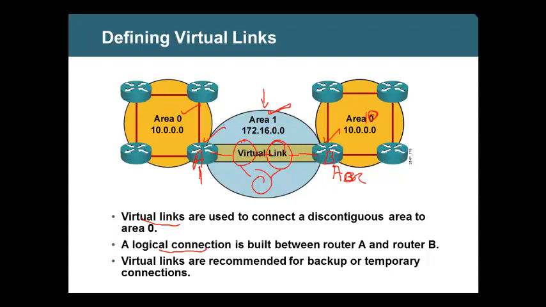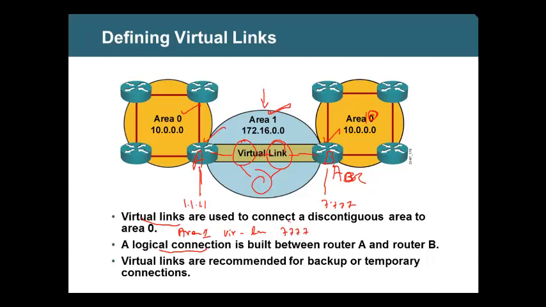So you know how the command will go. If A router has got router ID 1.1.1.1, if B router has got the router ID 7.7.7.7, the configuration on A goes like this. Under router OSPF, we need to say area 1 virtual-link 7.7.7.7.